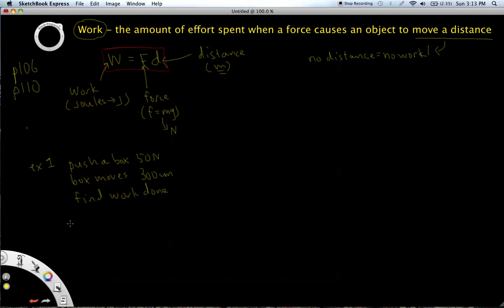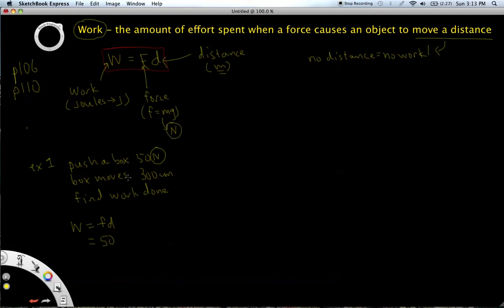Let's do that. Let's use our formula. We have W equals FD, or work is equal to the force times the distance. Now, what is the force? Force is 50 newtons. Let's check the units. There's newtons here, that's good. And it's also measured in newtons right here, which is good.